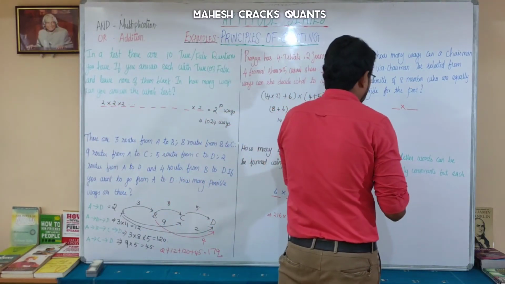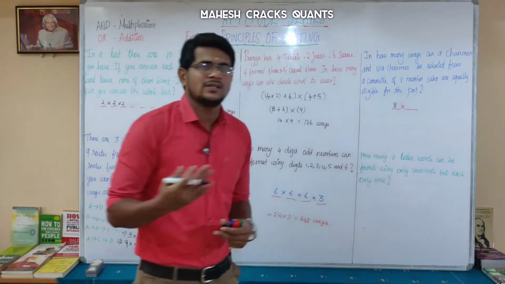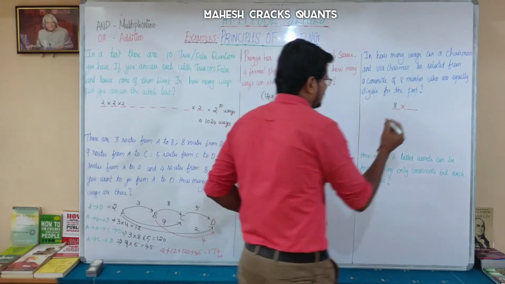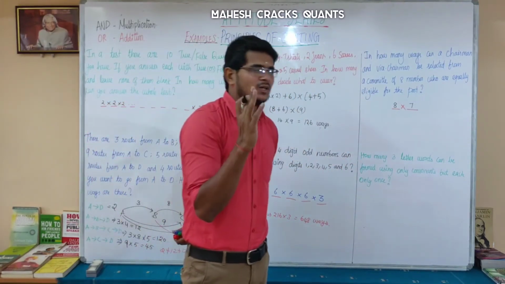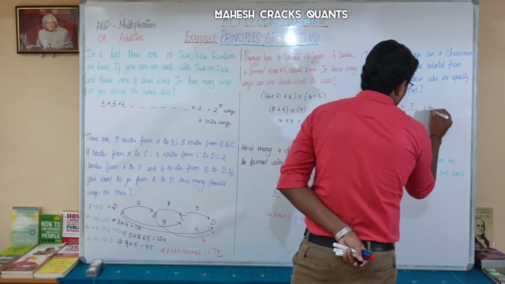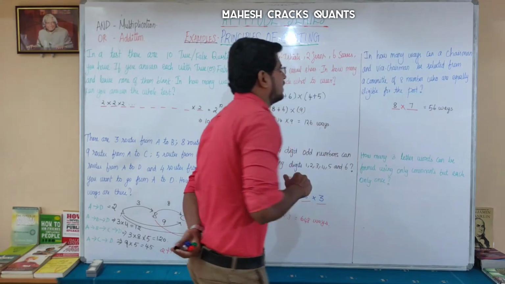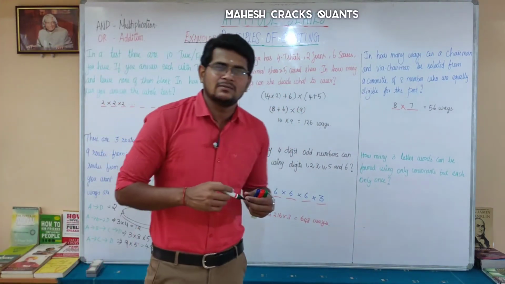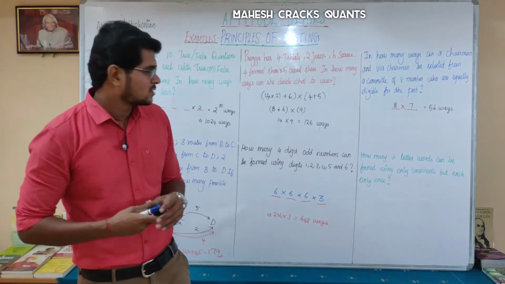First I am going to select the chairman, which has 8 ways. And how many ways are there to select the vice chairman? There are 7 ways, because 7 choices will be there after selecting the chairman. So 8 into 7, 56 ways is the answer. Okay, done. Last question.